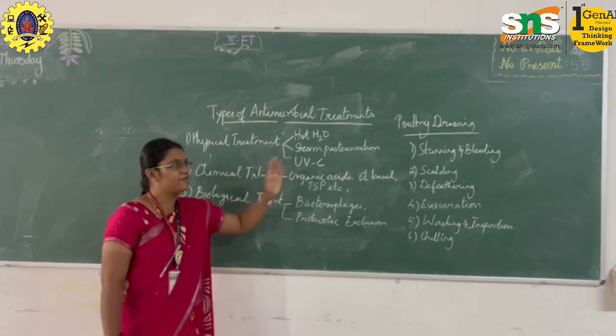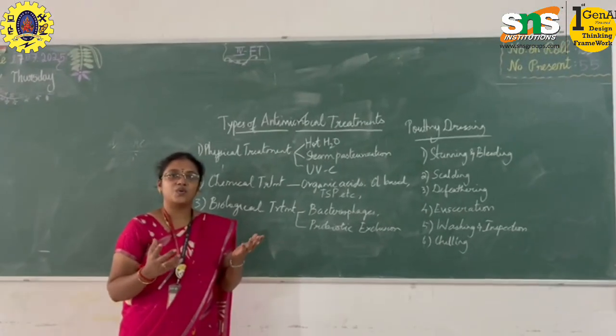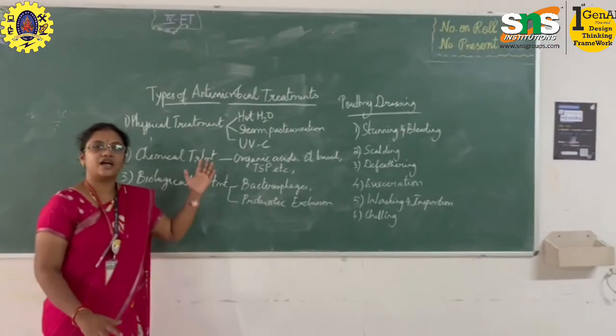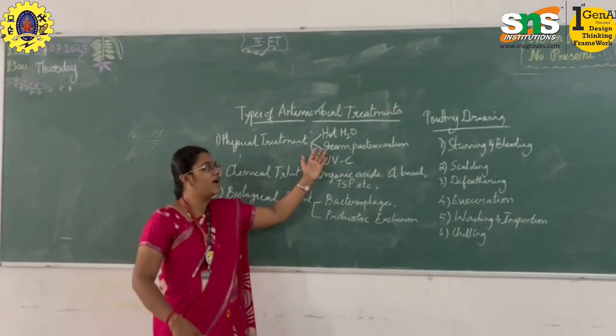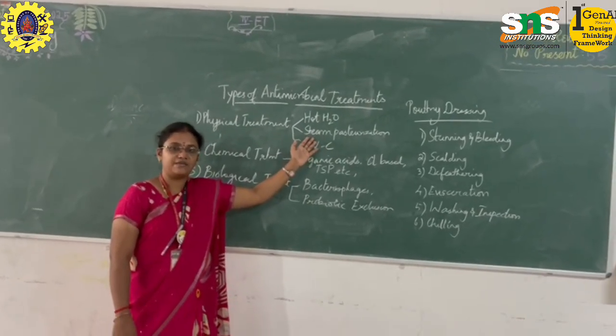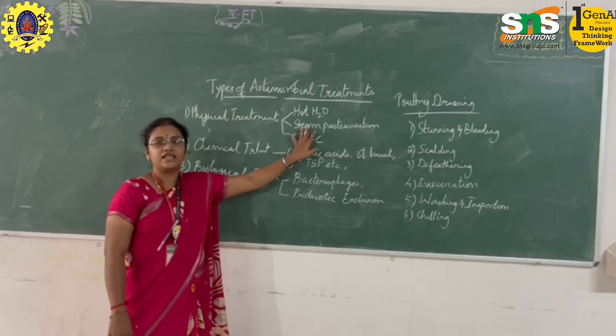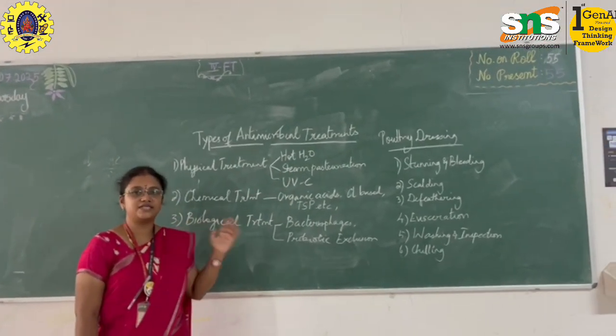And steam pasteurization is nothing but using a closed chamber, where we create steam inside the chamber and pasteurize the particular muscle of the animal or the bird, so that the microbes present on the outer tissue of the animal get killed.